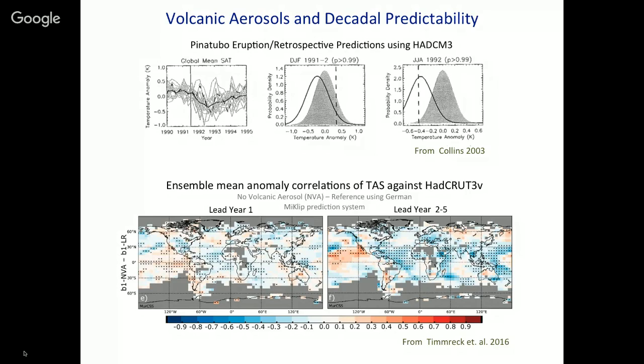So what they're saying is, when we take out the aerosols, this is for lead 1 year, this is for lead 2.5 years, and you can notice almost everywhere over the tropics you have a reduced prediction skill on 2 to 5 years when you take out the volcanic aerosols, but only over the eastern tropical Pacific you seem to gain some prediction skill.